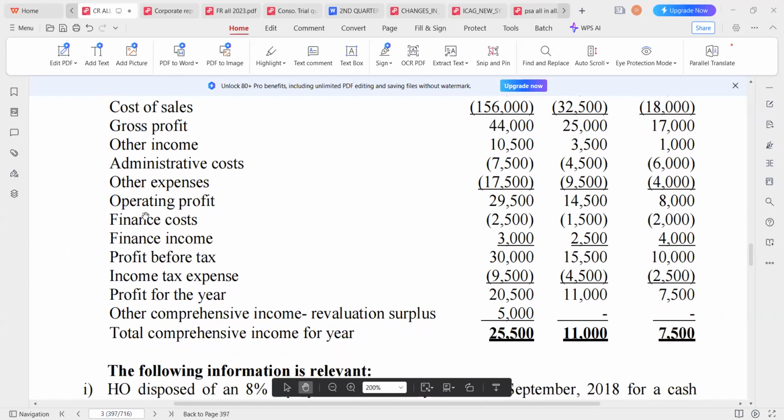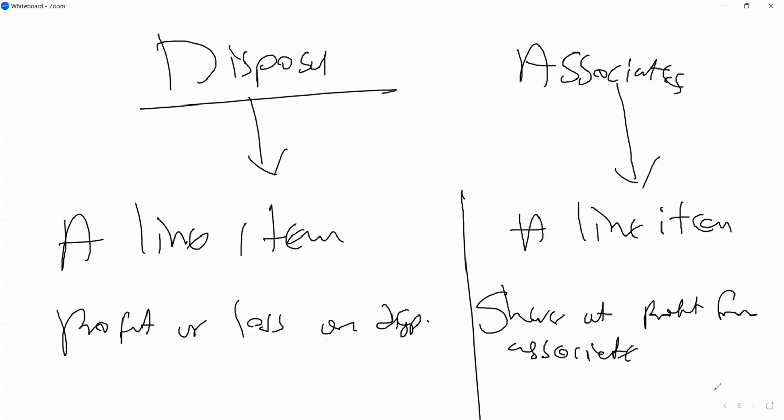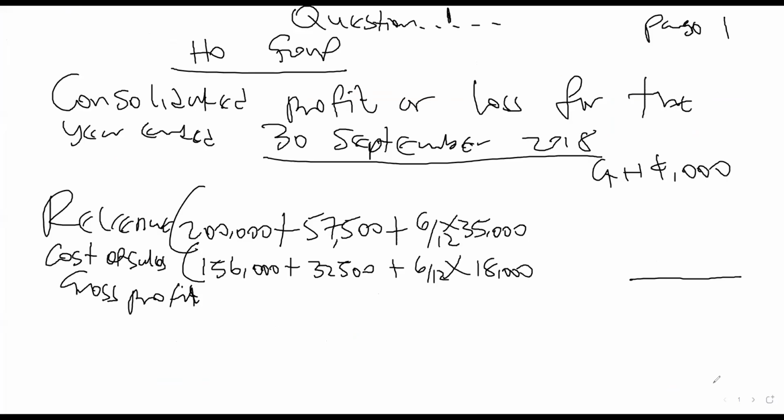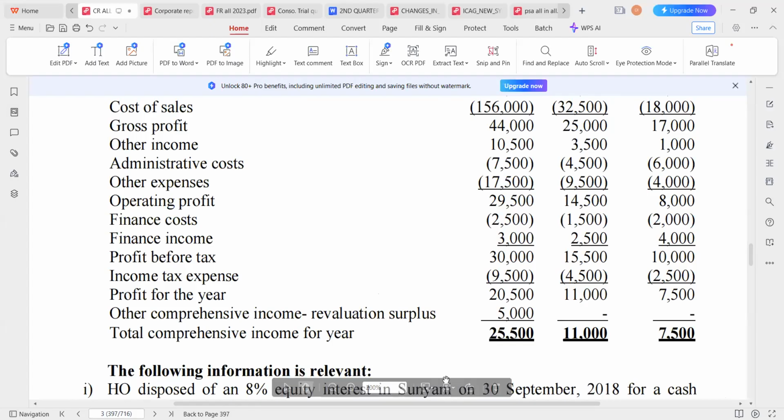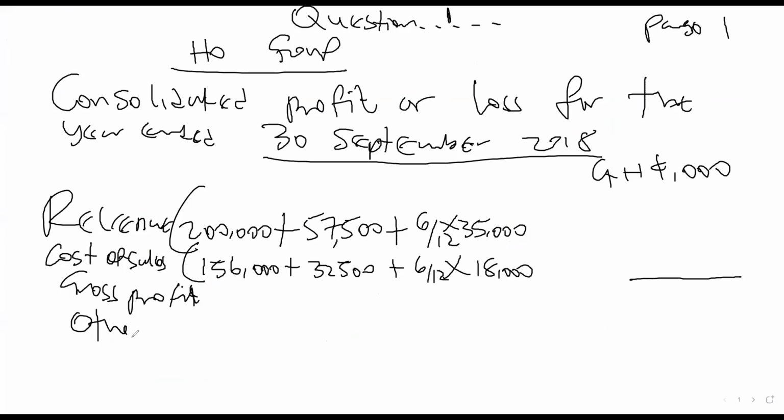All right, so that is what you need to do when you need to bring in this line item. Right from gross profit, they went to other income, administrative expenses, and other expenses. For other income, you open your brackets.